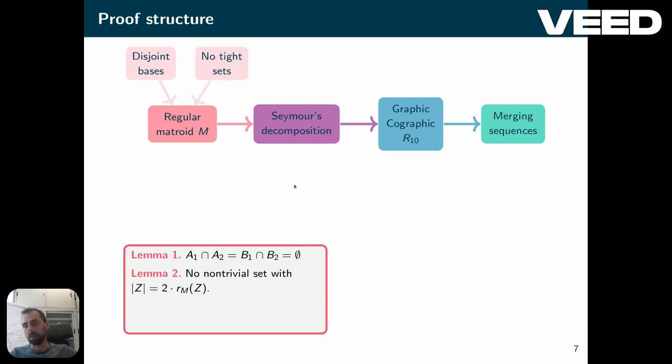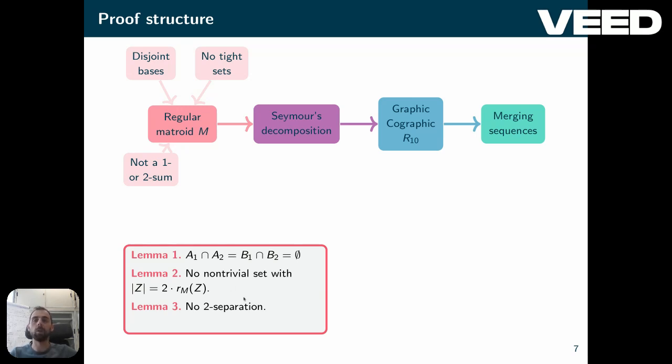And then the second observation is that you may assume that there are no tight sets in a matroid. A set is tight if its size is exactly twice its rank. And the reason why you can assume this is that if you have a tight set, then you can reduce the problem size by considering minors of your original matroid. Then we show that you can assume that the matroid has no two separation, which implies that it's not the one sum or two sum of two smaller matroids.